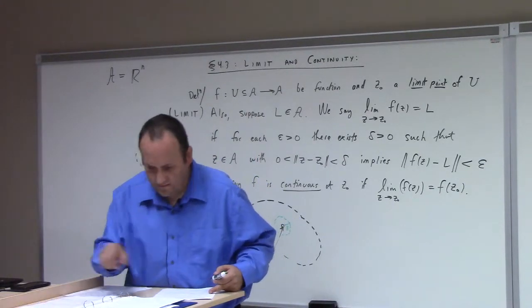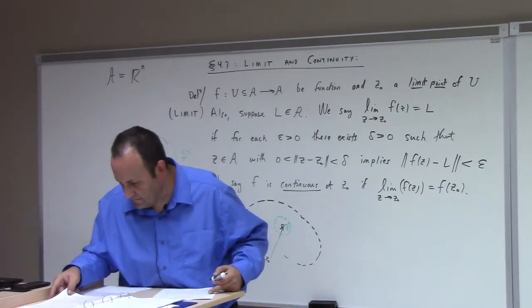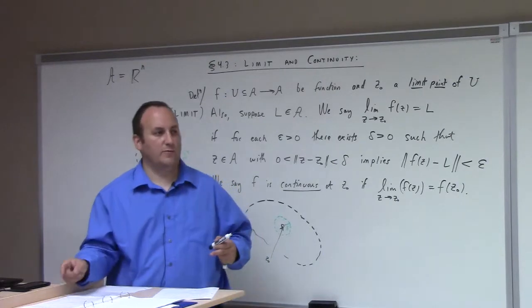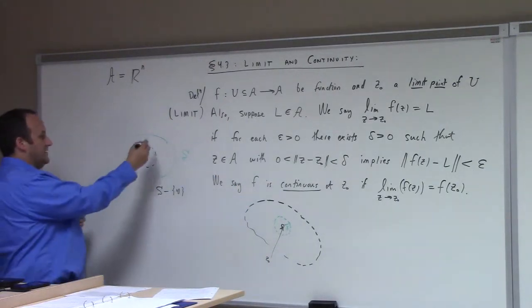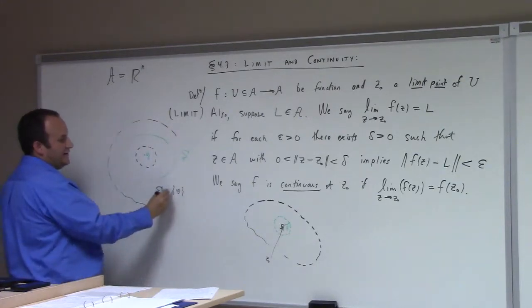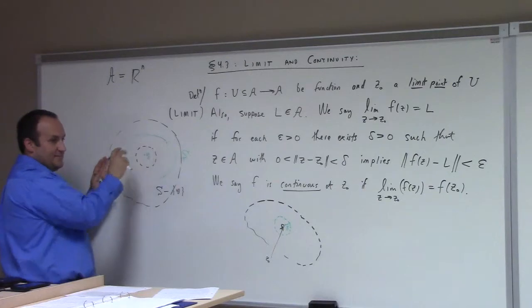Every open ball contains points in S. It doesn't say that every open ball is contained in S. So like this open ball out here centered around y, it's not contained in S, but it contains points in S, right? So it's a limit point.